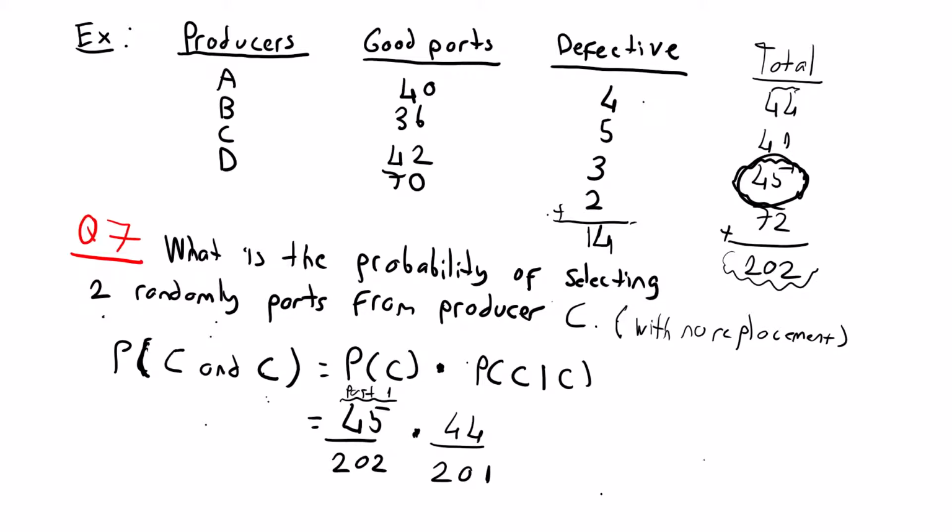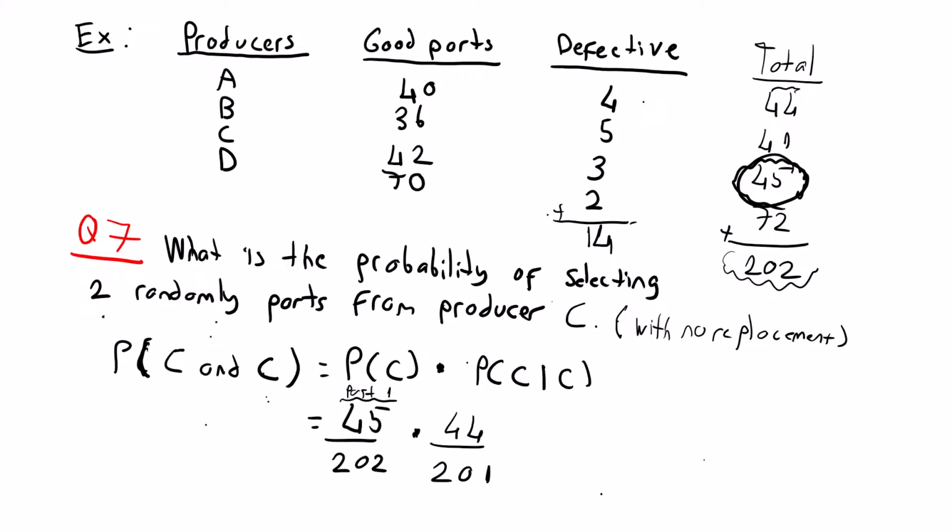Okay. So then you pick up the first part and you hold it because it says with no replacement. No replacement means you do not return it back before the second part is selected. You hold it, you keep it out of the box, and you go for the second trial. So this time we are 1 unit less.